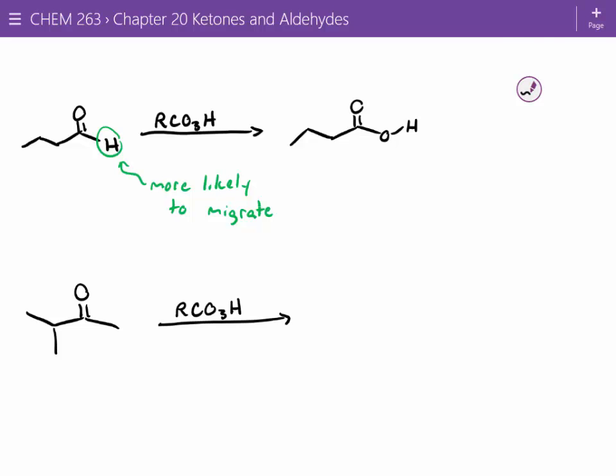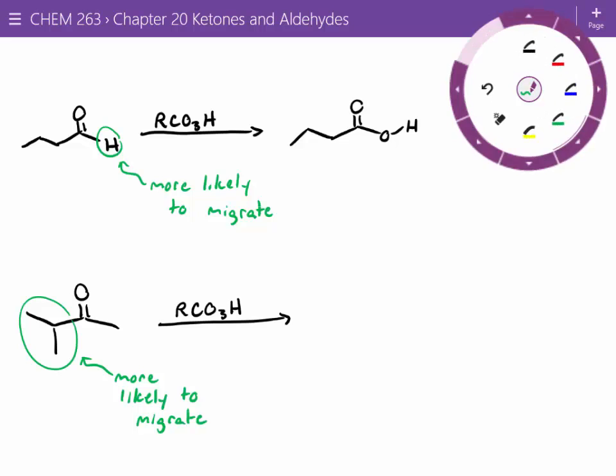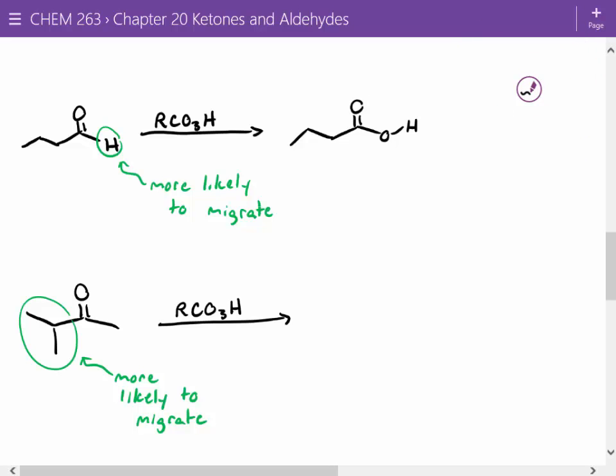Left side, because if we look at this, this side is more likely to migrate. So if we look at our final product, we'll have an isopropyl group coming off of our ester.